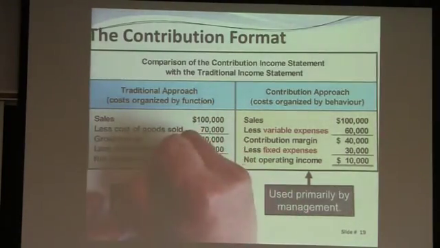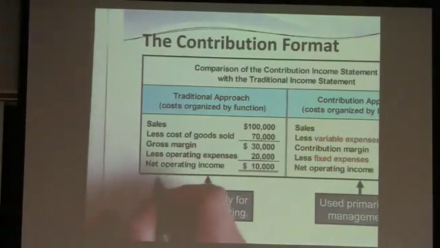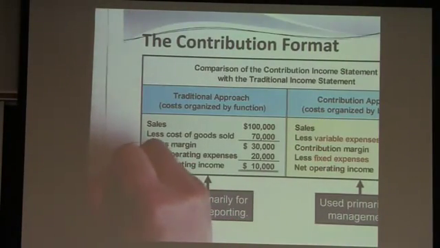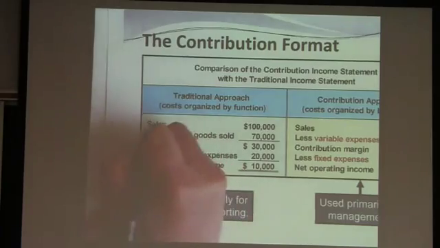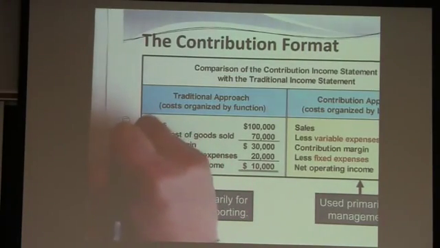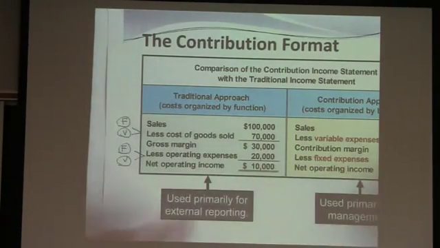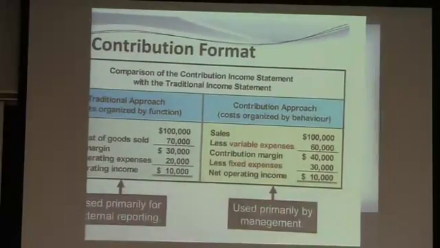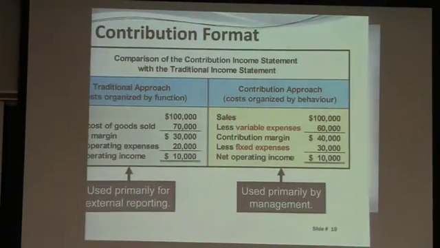So I'm going to write a little note here. This includes fixed and variable. And this includes fixed and variable. Now, the contribution margin is an income statement that is redone based on how costs behave. Why is that important?